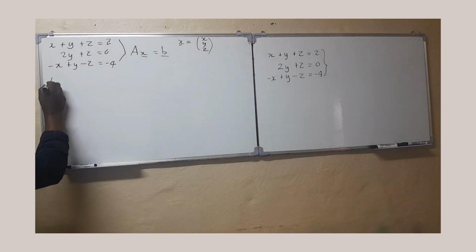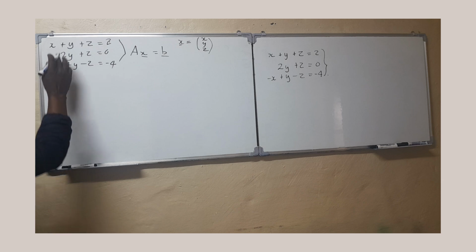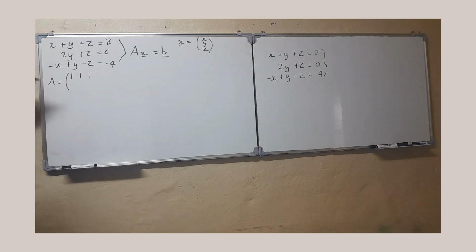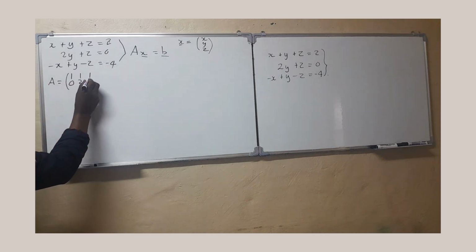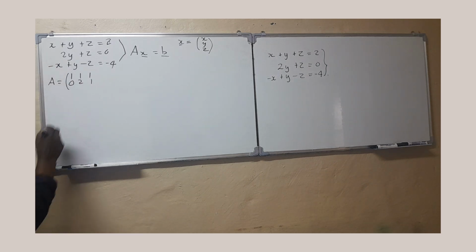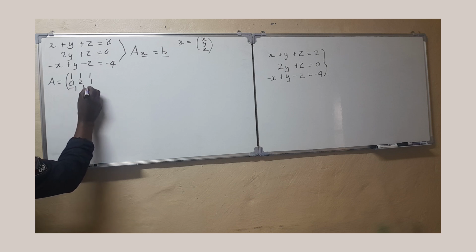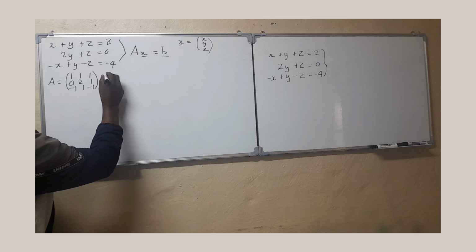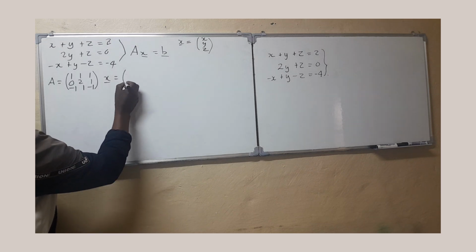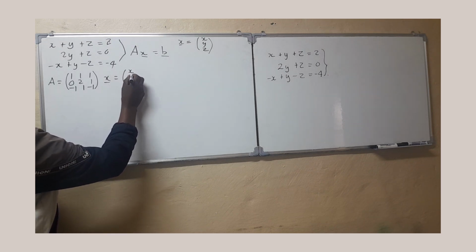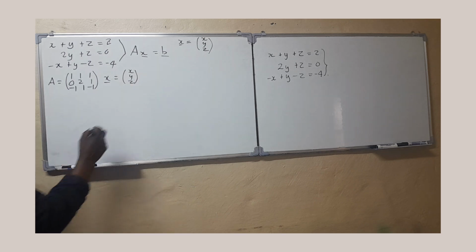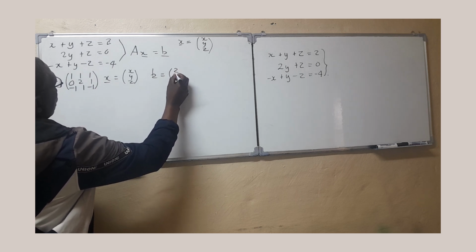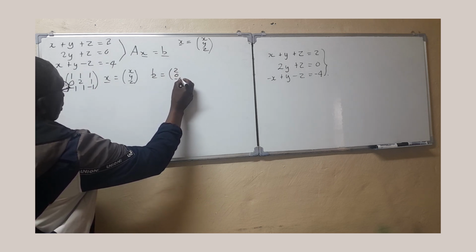So our A, remember, is our matrix of coefficients: 1, 1, 1 for row 1 of A, and 0, 2, 1 for row 2 of A, and minus 1, 1, minus 1. That is matrix A. And remember, x is the vector of variables, which is x, y, z. And our B is the vector 2, 0, minus 4.